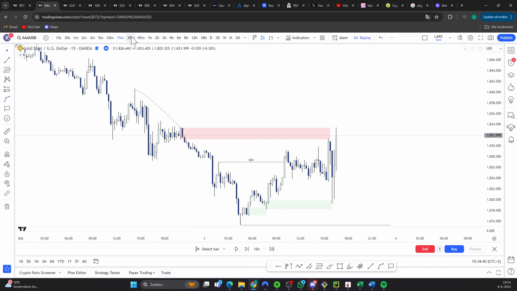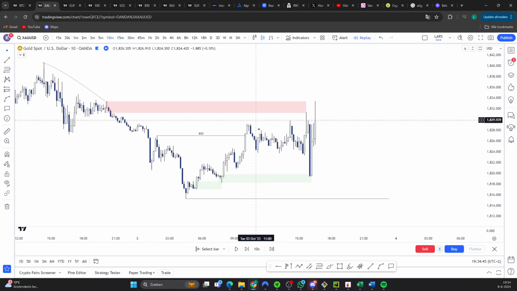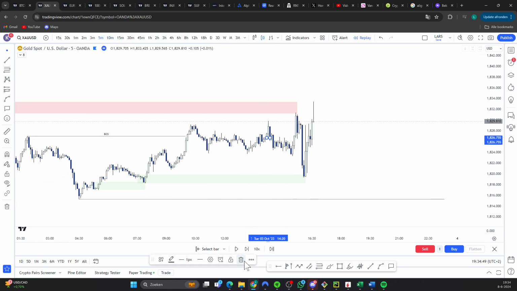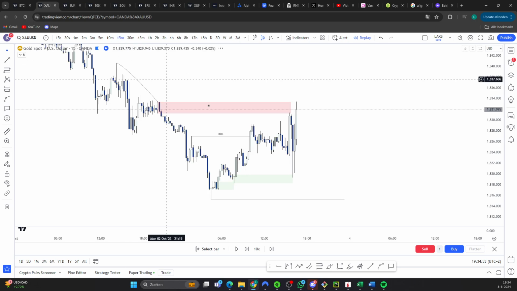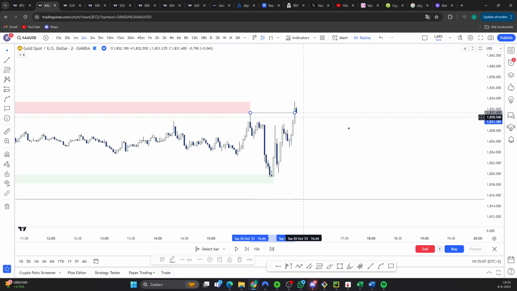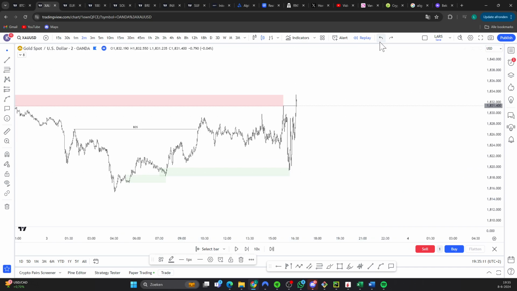It's just nothing but liquidity here. Still hoping on a bigger range here.